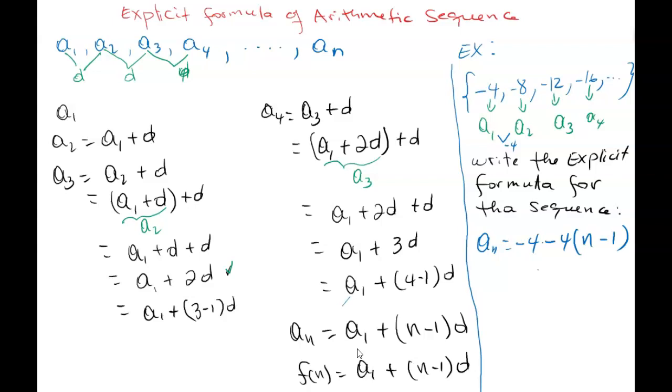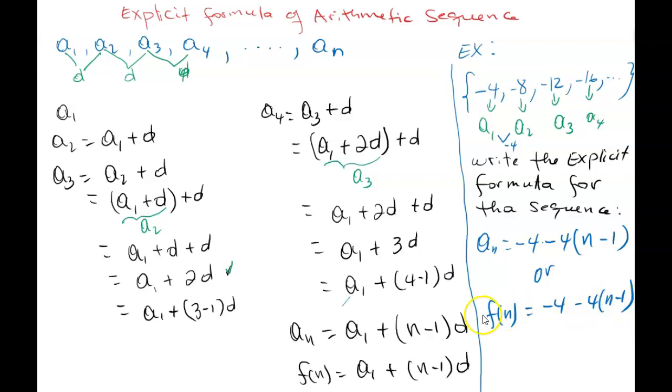Or you can put f of n equals -4 minus 4 times n minus 1. So it's the first term plus the common difference. If the common difference is positive, that will be a plus here, but if the common difference is negative, that will be a minus, and then n minus 1.